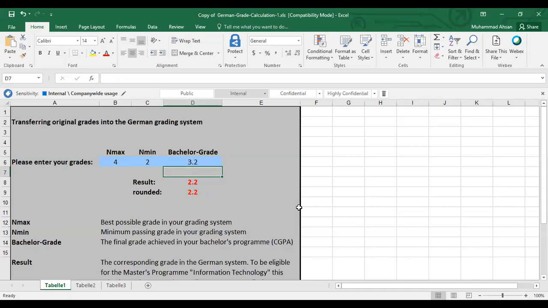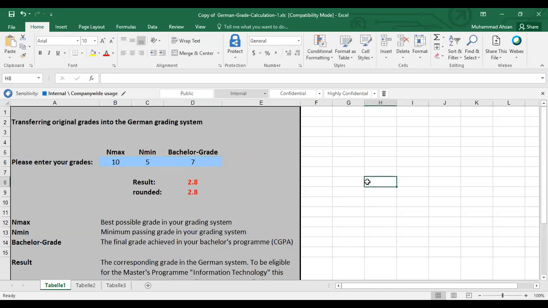It means if a university is asking for 2.5, you qualify because your grade is lower than 2.5, and the lower you are, the better you are. Now let's take an example of a scale of 10, and let's say the minimum passing CGPA is 5, and I have acquired, let's say, 7.